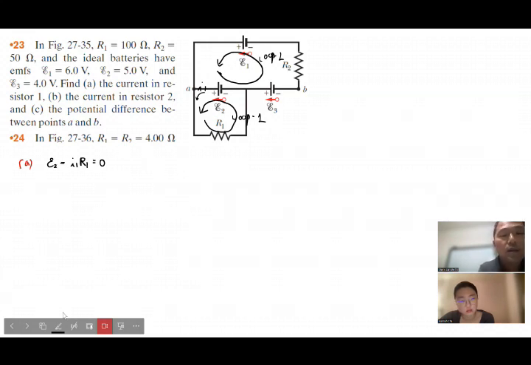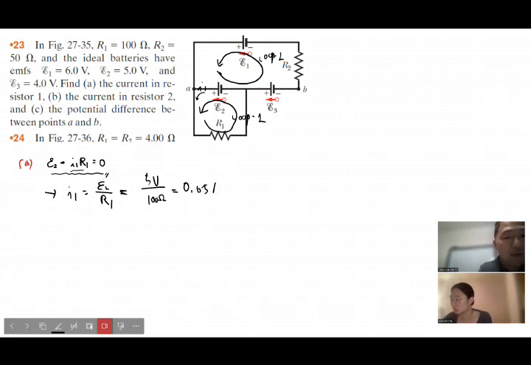In that case, the battery should create the potential rise because the directions are the same, and the resistor should create a negative potential drop. Based on that, you have this relationship. From that, I1 should be E2 over R1. If you plug in the numbers, E2 is 5 volts and R1 is 100 ohms, so the current through resistor R1 is 0.05 amps.